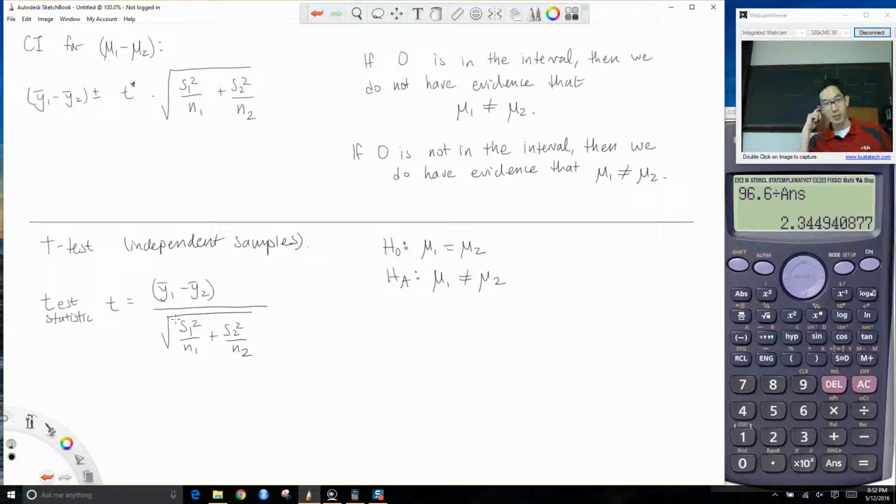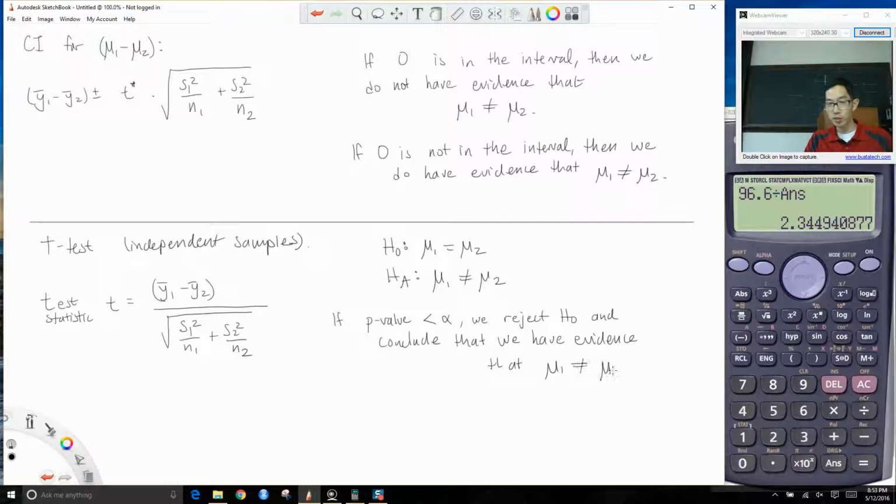And the conclusion is that if the p-value ends up being less than alpha, we reject the null and conclude that we have evidence that mu1 does not equal mu2.